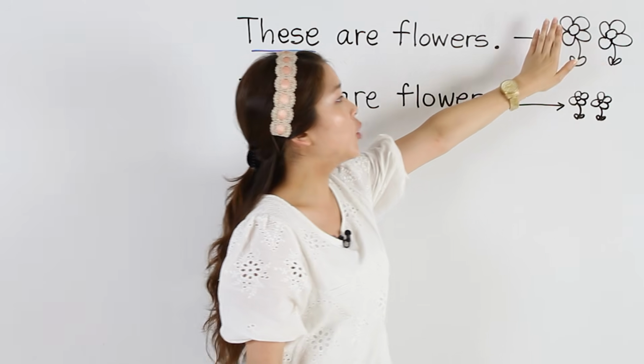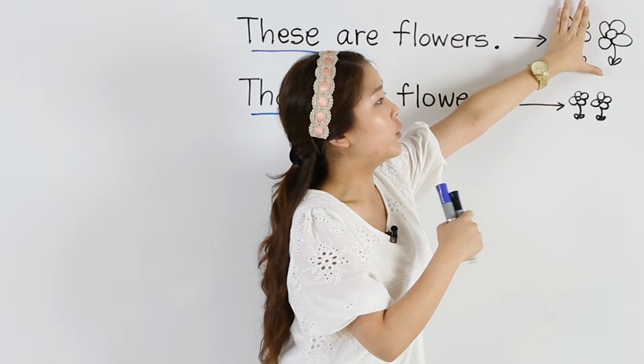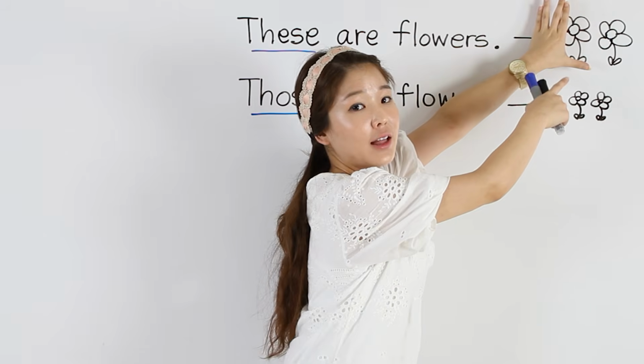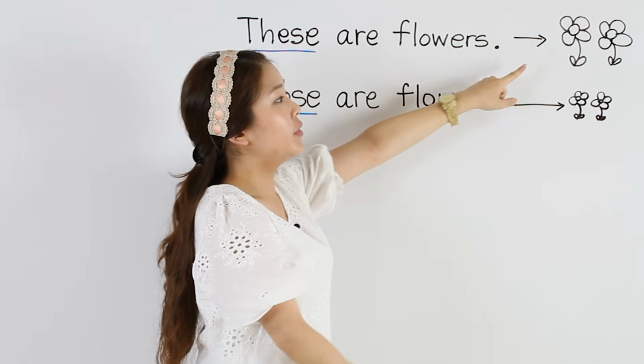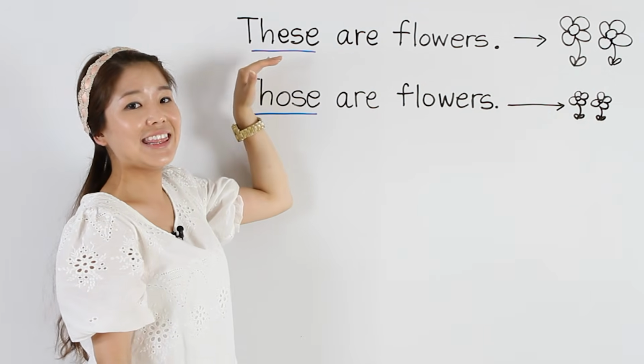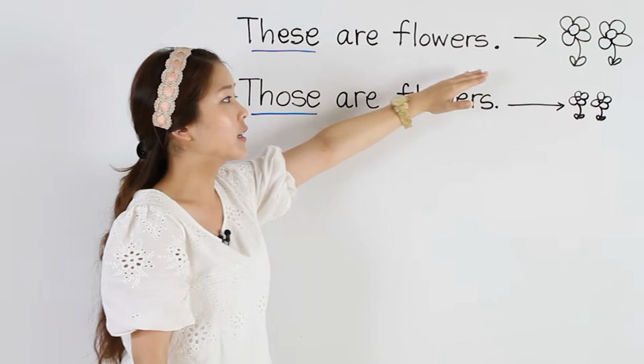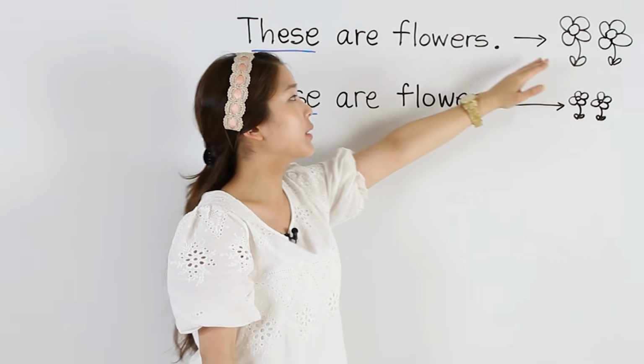Now, we know if there's just one and it's close to us, we say this is a flower. Okay, but there's more than one. It's plural. So we have to say these. These are flowers. Again, more than one.